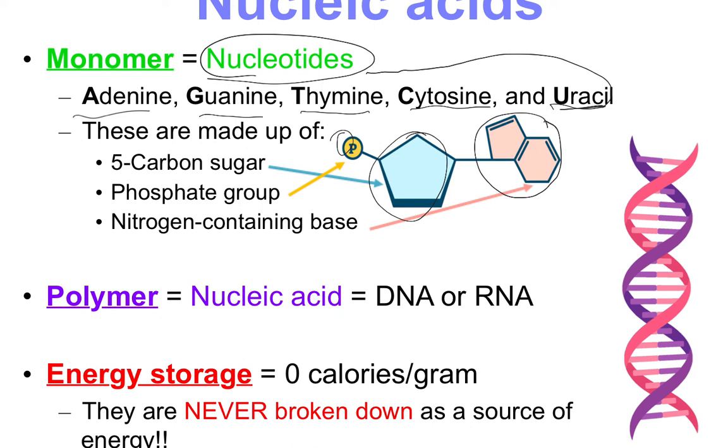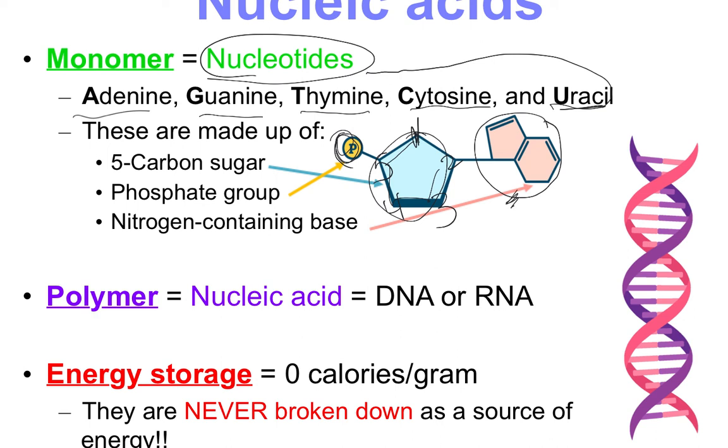These are all made up of this 5-carbon sugar. It's called a 5-carbon sugar because it looks like a pentagon: 1, 2, 3, 4, 5. That's actually where the carbons are on the molecule. This phosphate group, so this is the element phosphorus, and this nitrogen-containing base.